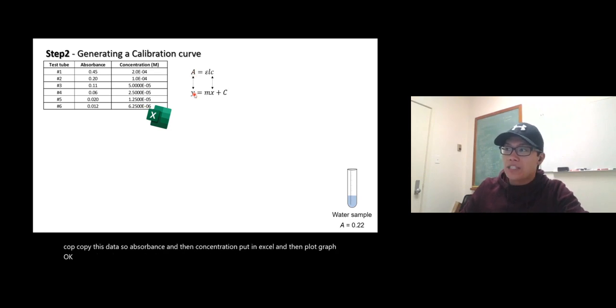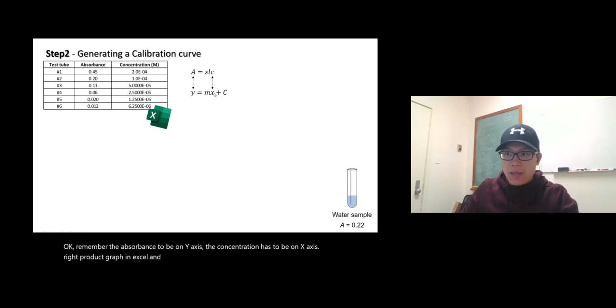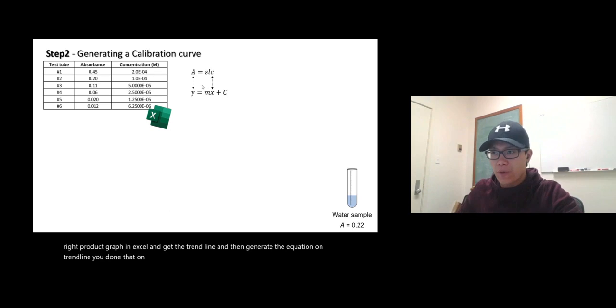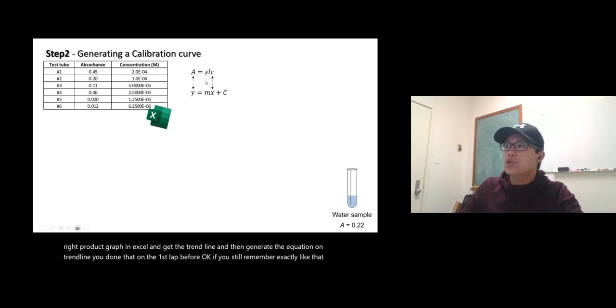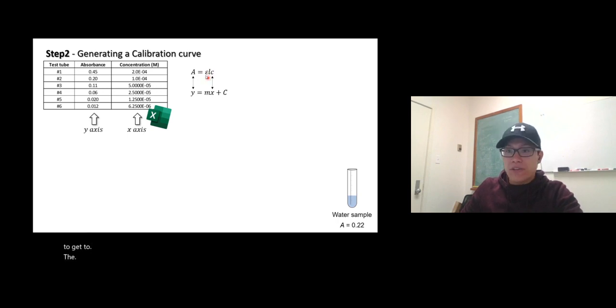Remember the absorbance has to be on the y-axis and the concentration on the x-axis. Plot the graph in Excel, get the trend line, and generate the equation on the trend line. You did that in the first lab before, if you still remember, exactly like that. Try to get the molar absorptivity from this equation. Let's try that first, so pause the video and do it.